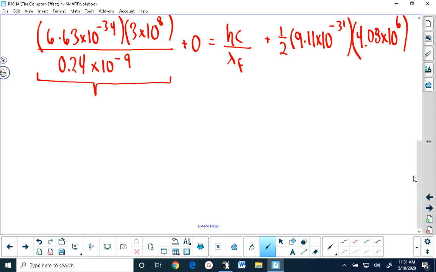So once again, this is the energy of the photon before. This is the energy of the photon afterwards, and this is the energy of the electron afterwards.